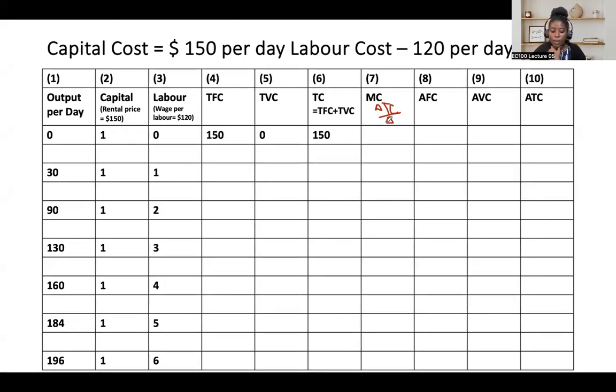But it's not on one item; it's going to be somewhere in between. It's not going to be here. It's a change. You want to know the change in total cost as you change quantity. So you leave it until you get to the middle, between rows. It's going to be here, okay?